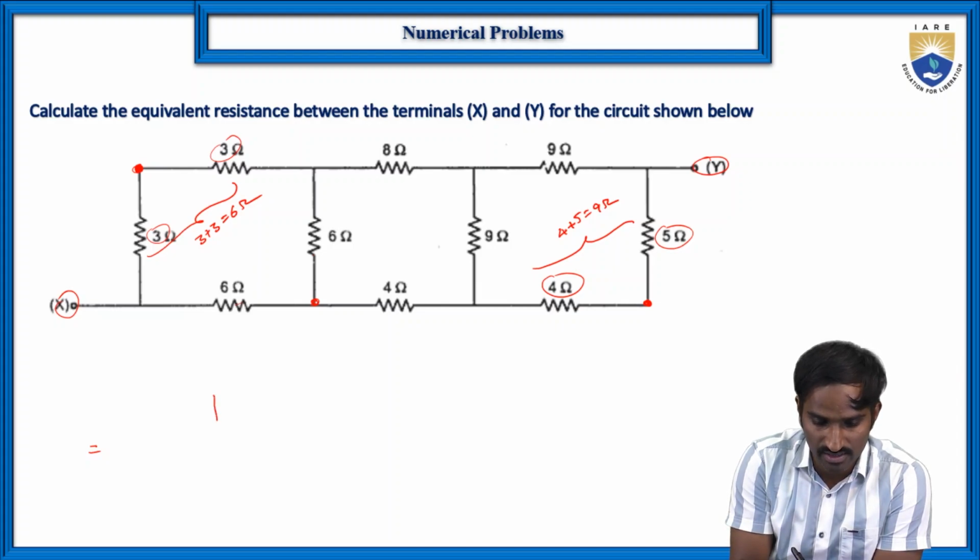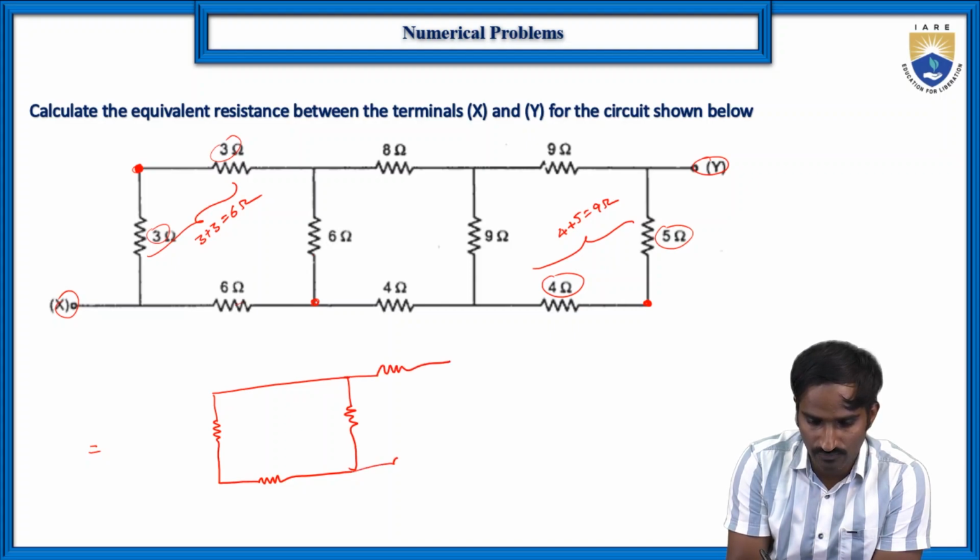after replacing the 3 and 3 ohms combination with the equivalent resistance. So this is 6 again, this is again 6, and this is 8 and this is 4. This is 9 and again this is 9. So again here 5 plus 9, again this combination is 9.